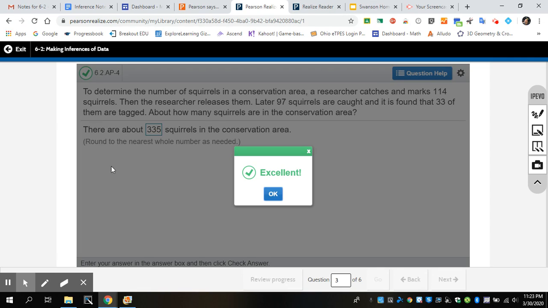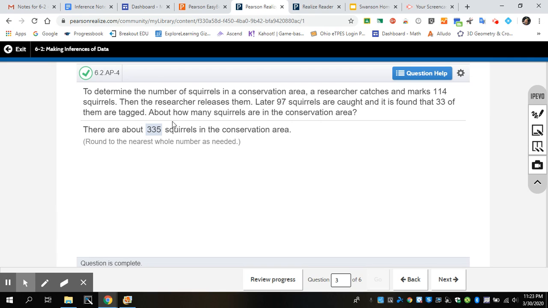Okay, so we are expecting that there's about 335 squirrels in that whole area based on the representative sample that we collected earlier.